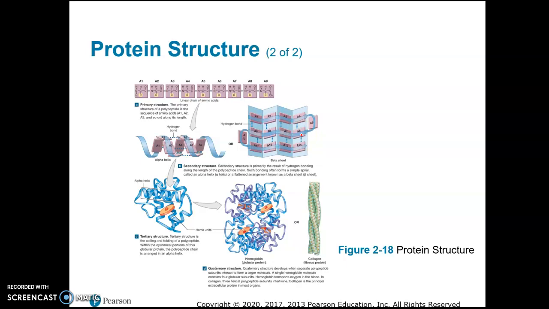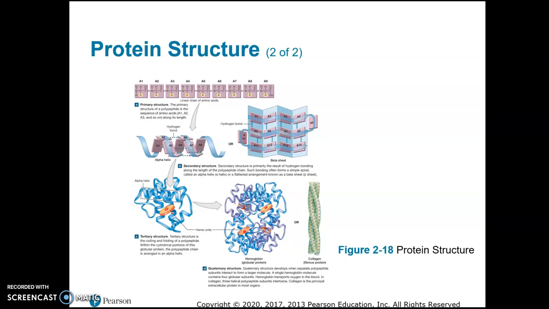And then the tertiary structure is when the secondary structure, the alpha helix, actually forms further into a 3-dimensional structure, a more complex folded and twisted shape specific to that protein. That's the tertiary structure.